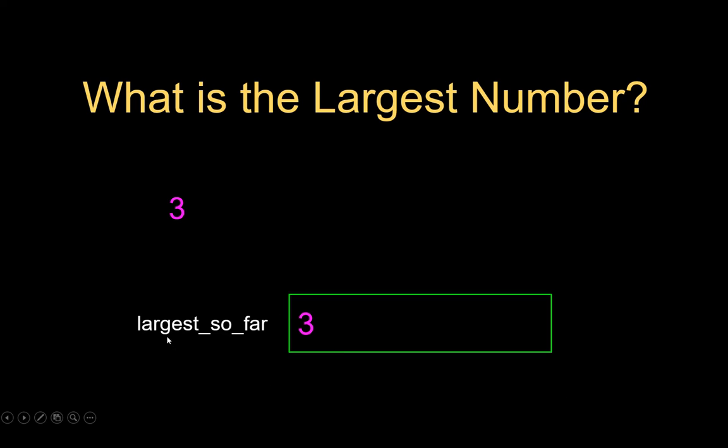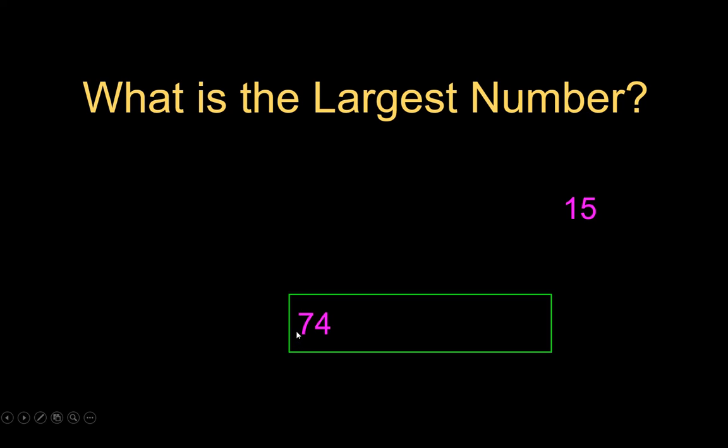We see number 3. 3 is bigger than -1. We put it here, so 3 right now is our largest number so far. We go to 41, which is bigger than 3, so the 41 stays here. 12 is less than that, so it doesn't change it. 9 doesn't change it at all either. Oops, 74 is bigger than 41, so 74 will replace 41.